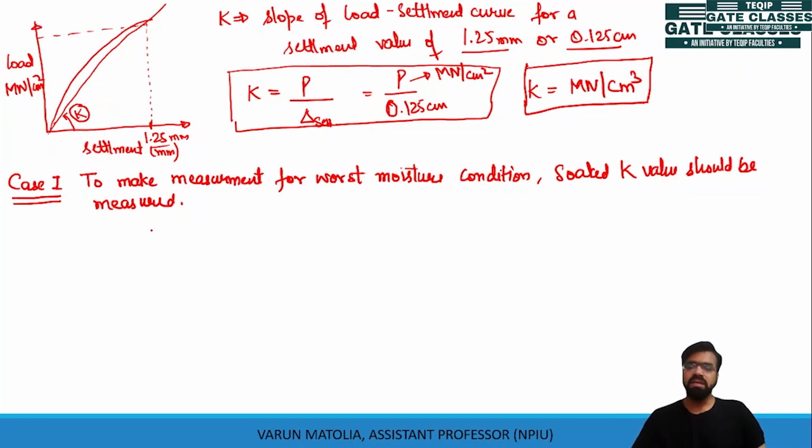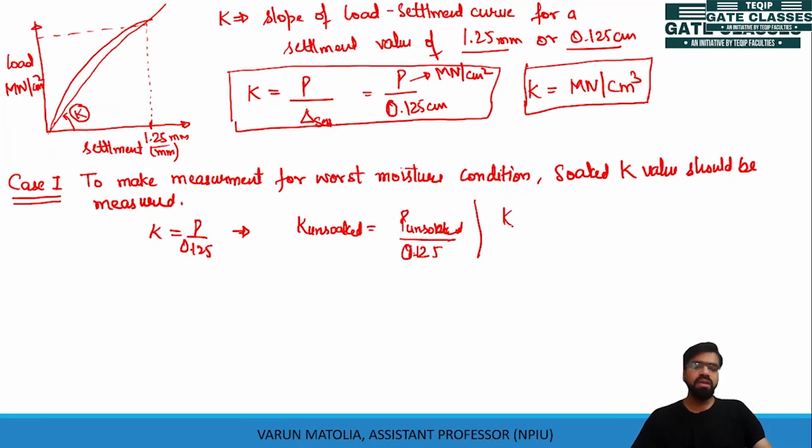So we know that K is equal to P by 0.125. We can write here K unsoaked equals to P value for unsoaked by 0.125 in centimeters.